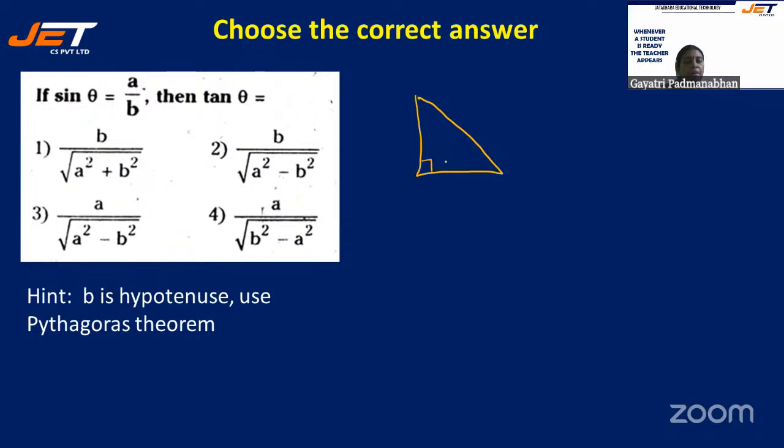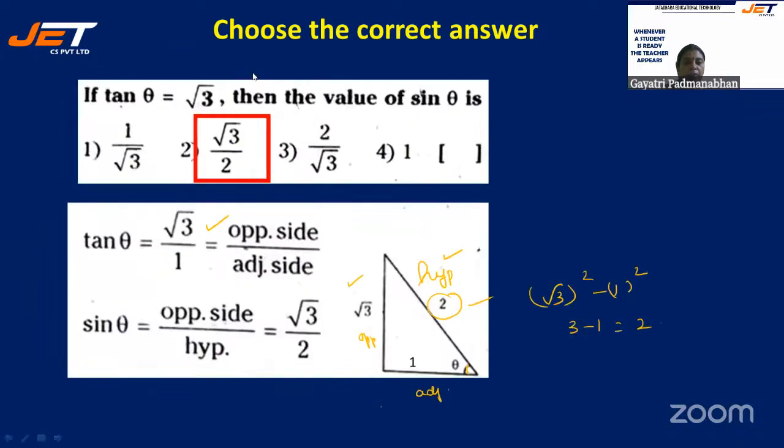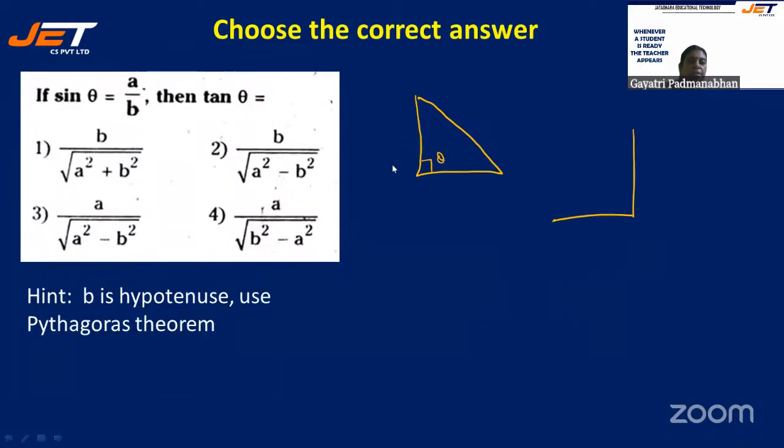All right. So here it is theta. It should be the other way, isn't it? Yes, it should be like how we had the earlier one. Okay. Even this can be done.